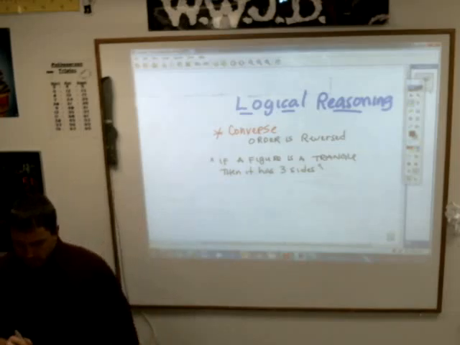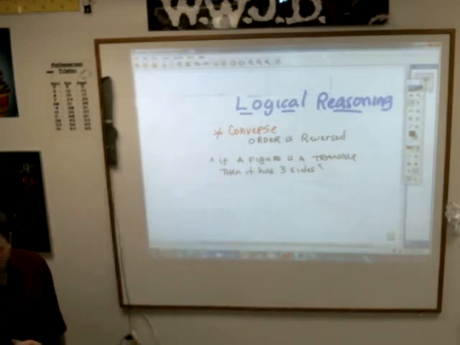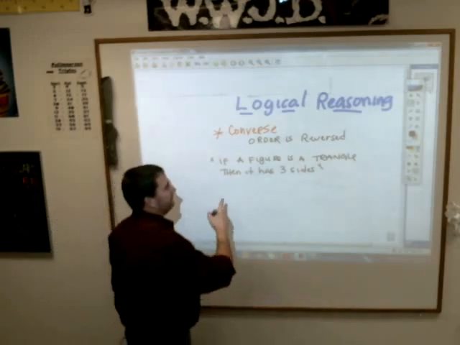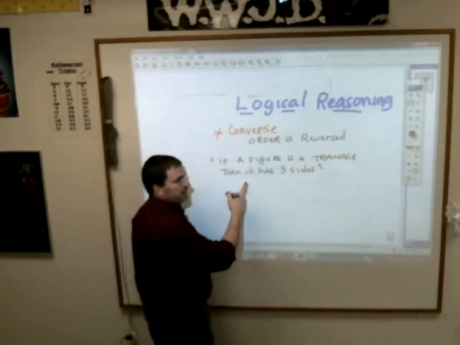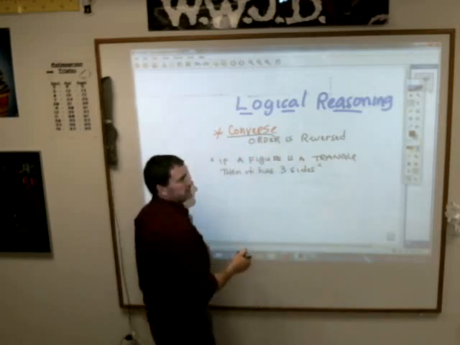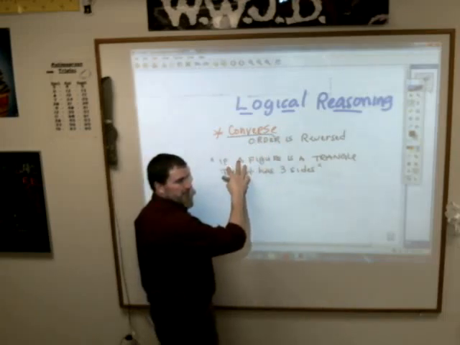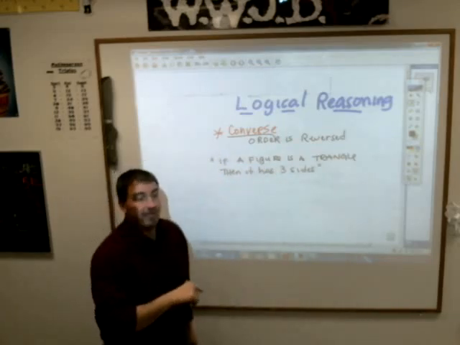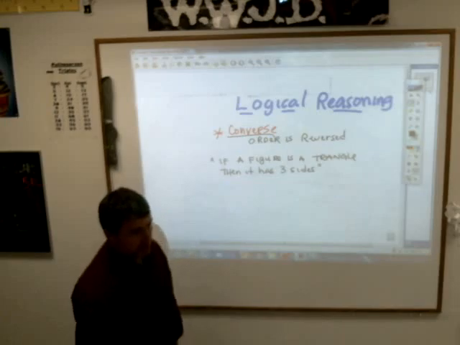Okay, there is your statement. If you were asked to give the converse of that, it just simply means that you flip the statements around. Instead of saying if a figure is a triangle, it has 3 sides, you would say if a figure has 3 sides, then it's a triangle.